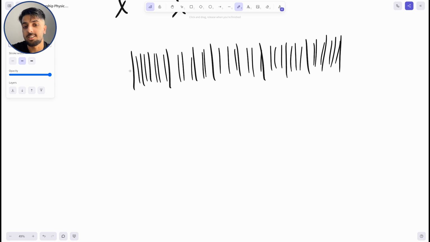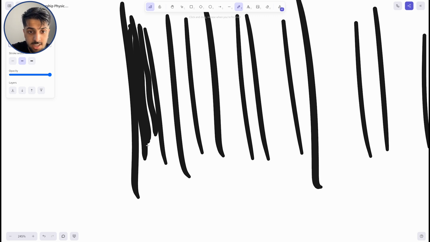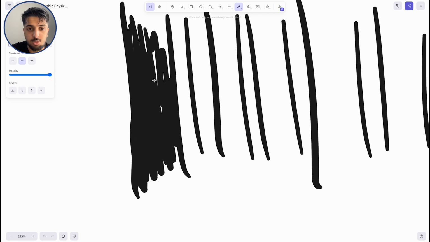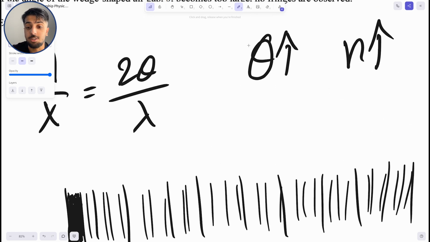So what you'll be able to tell is if we keep doing this, and we keep adding fringes, there's going to be a point where they all just kind of smush into one big blob. And so if the angle is too large, the number of fringes is going to increase to a point where your eyes can't discriminate between individual fringes. And so that's why even when the angle increases, the number of fringes increases, but because there are so many of them, your eyes can't tell them apart and they just look like one big blob.